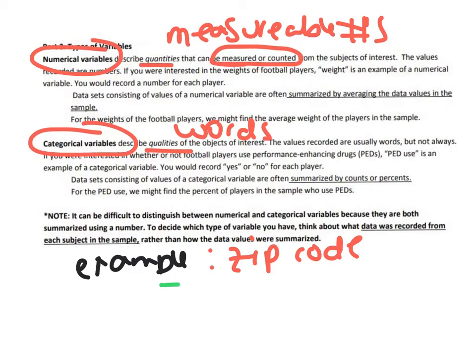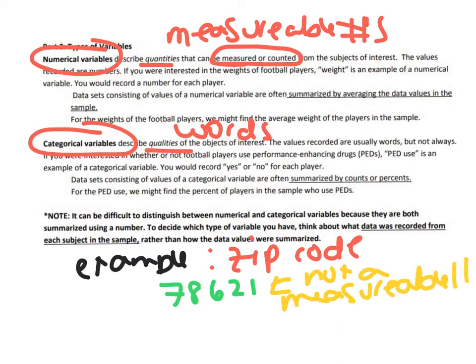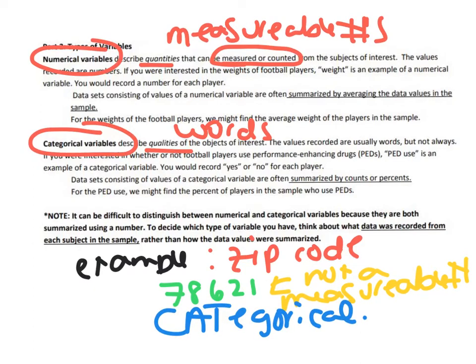So my zip code might be 78621, something like that. Even though this is a number, it's not a measurable number. So therefore, this is categorical. So a zip code is one of those things that is the exception to the rule, where that is categorical.